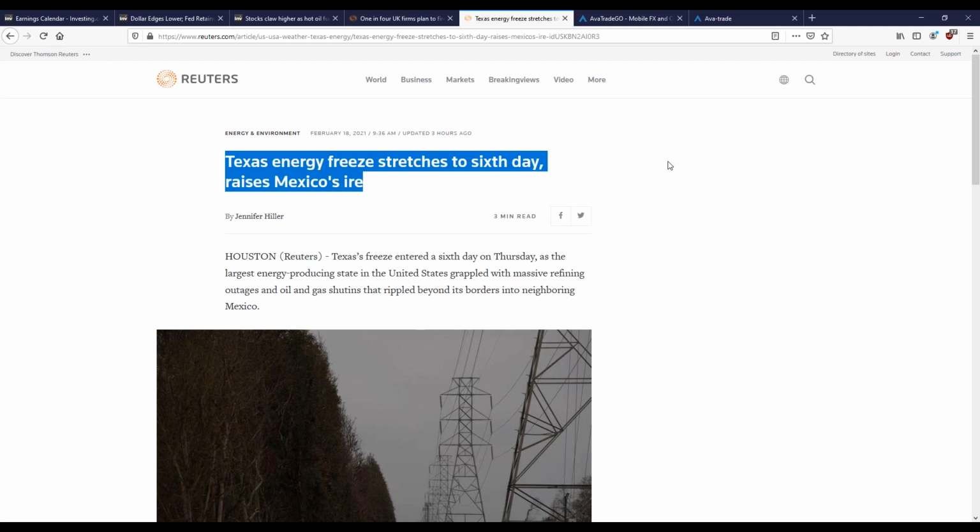And there was a lot of wind, but the windmills were not turning because they froze stiff with ice. And that hurt the power grid in Texas. And the biggest oil producing, natural gas producing state in the US, all of a sudden was dead in the water. So that helped drive oil prices up as well, because they're offline right now.